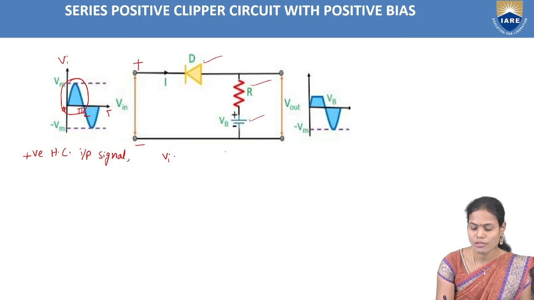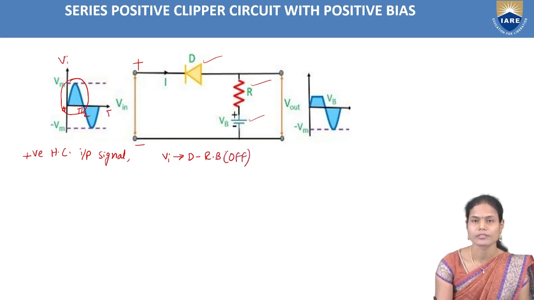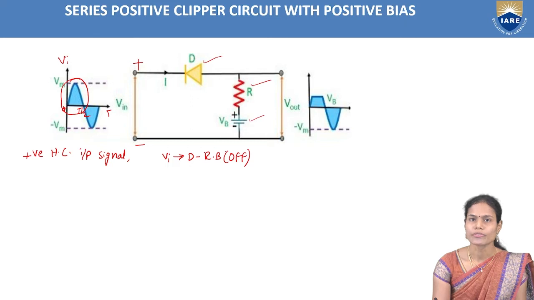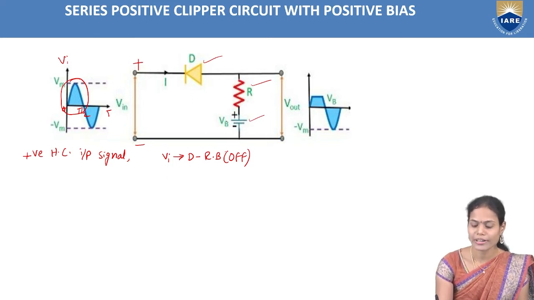So the positive half cycle of the input voltage is making the diode go into reverse bias condition. And what about the battery voltage? The battery voltage is positive. It is connected to the anode terminal of the diode. So in this case, the diode will enter into the forward bias condition.